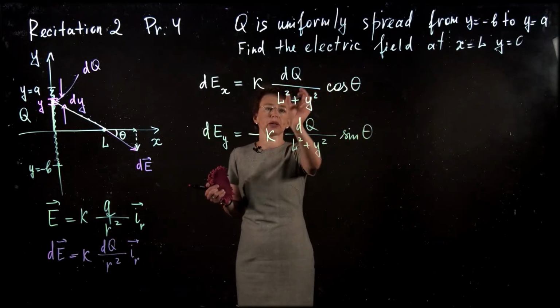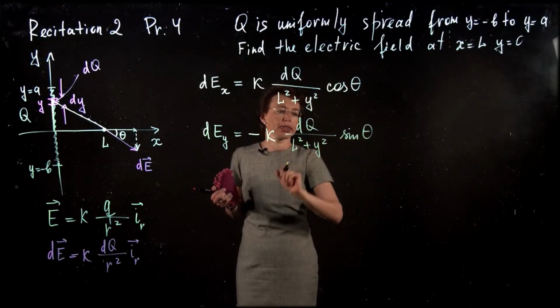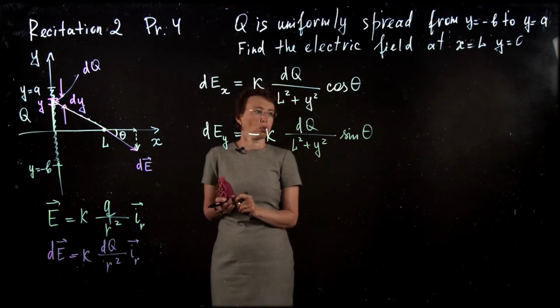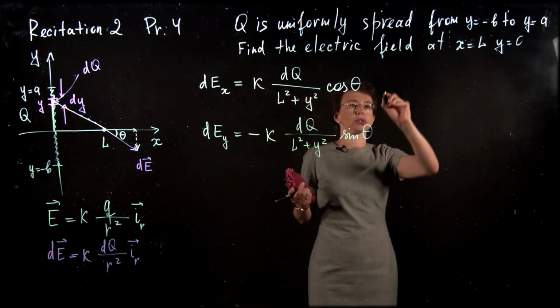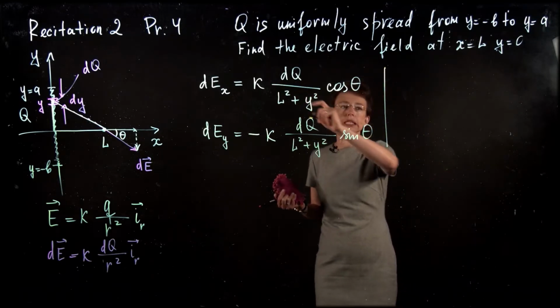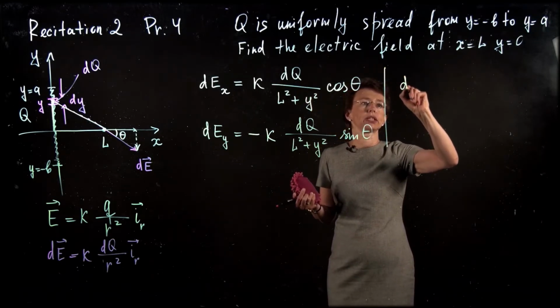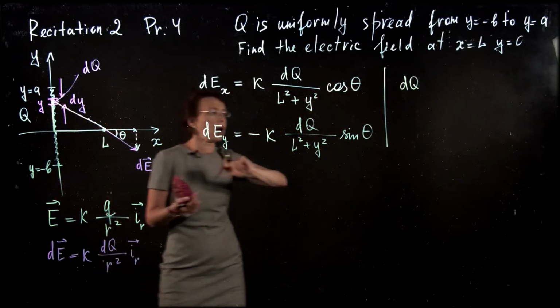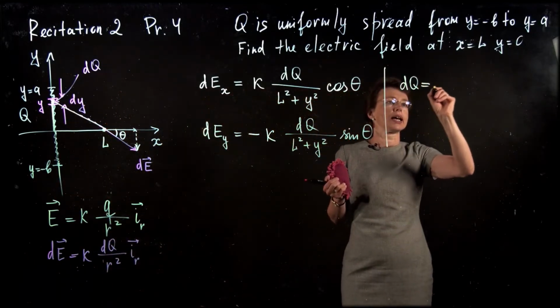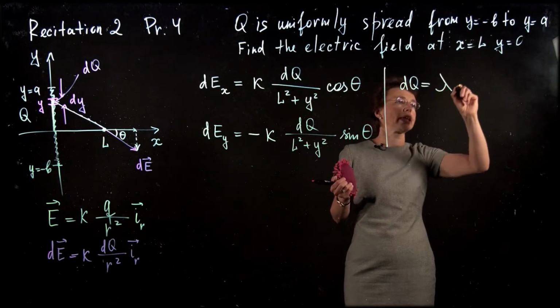Now we need to express dq, cosine theta and sine theta in terms of what is given, and then we integrate both components of the electric field. So what is dq? Let's start with dq. dq, the infinitesimally small charge within dy, by definition, is lambda, charge per unit length, times dy.